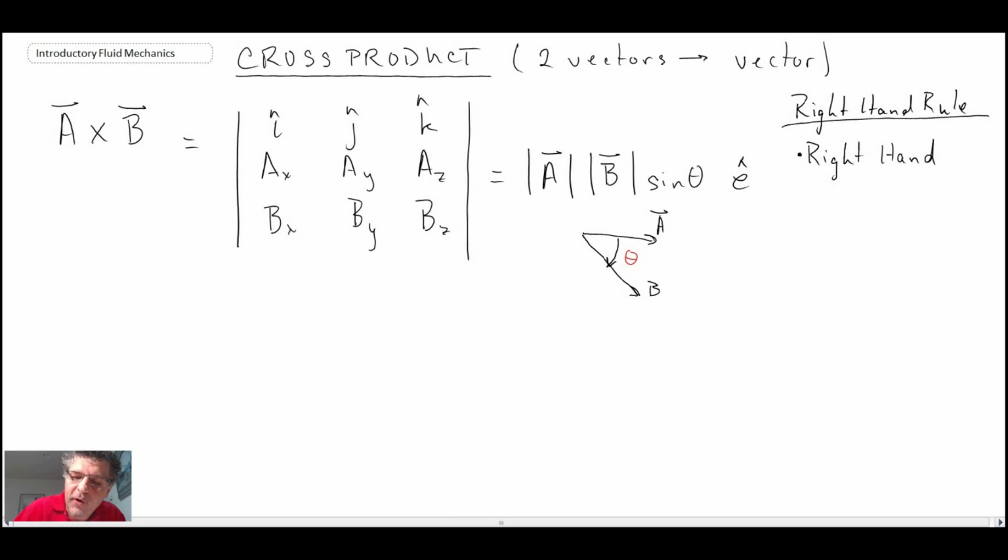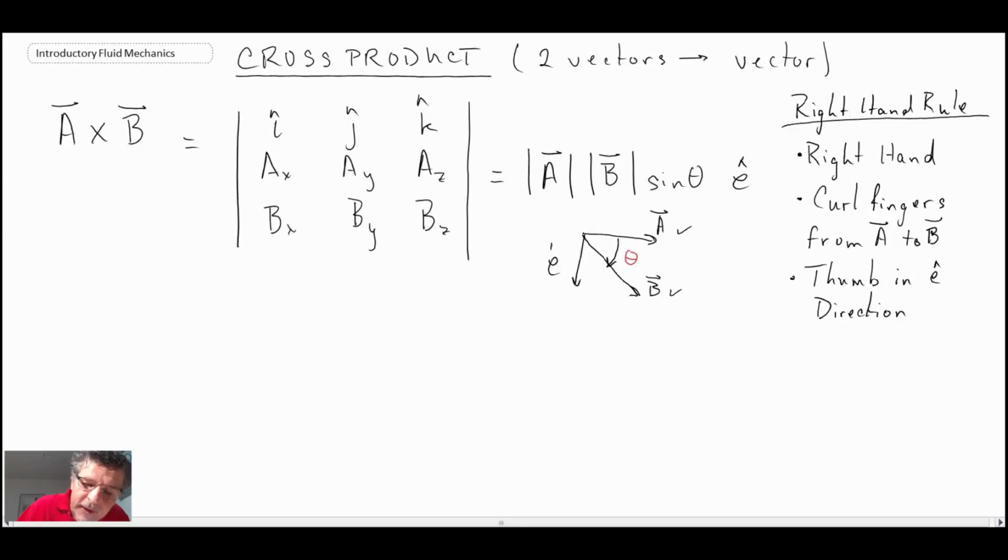You curl your fingers in the direction from vector A to vector B. In the picture, curl your fingers from A to B, and your thumb is going to point in the direction of E. I'm sure you've seen this in physics, but that is how to determine the direction of E that comes out of our cross product equation.